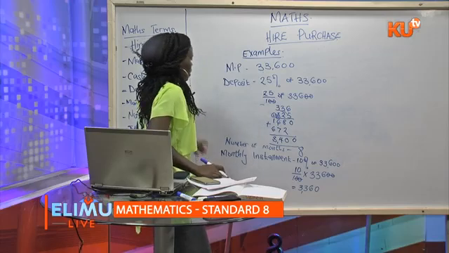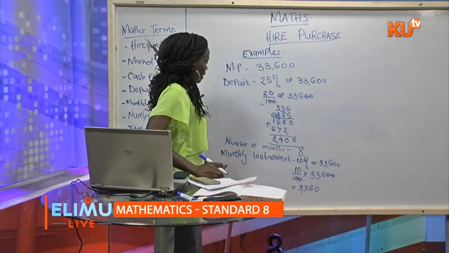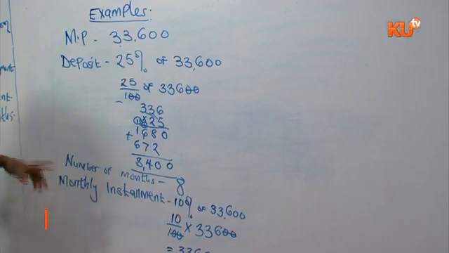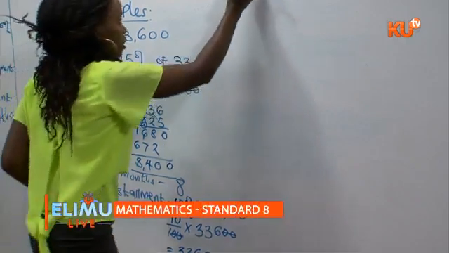Then from there, we have the number of months, we have the monthly installment. It means now you can calculate the total monthly installment.